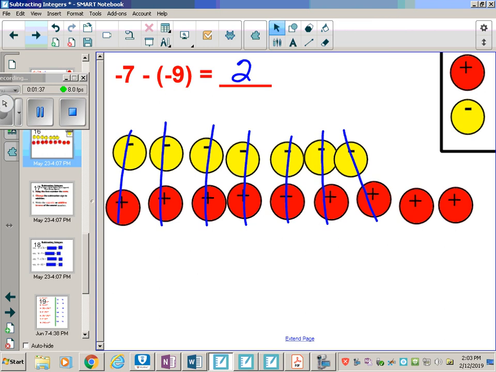Now, when we look at this, you're hopefully starting to see these really look a little bit like addition problems. This one, for example, looks like the addition problem of negative 7 plus positive 9. So this problem is really negative 7 minus negative 9 equals negative 7 plus positive 9.